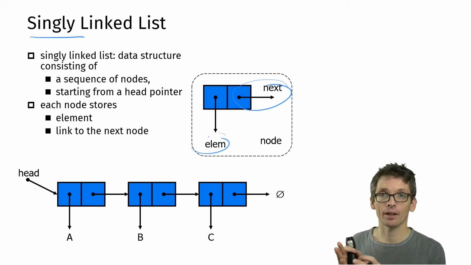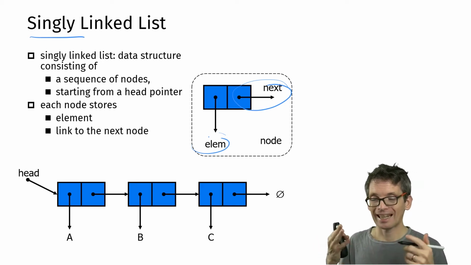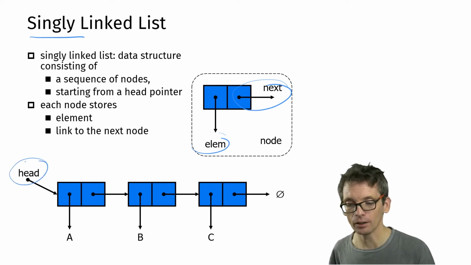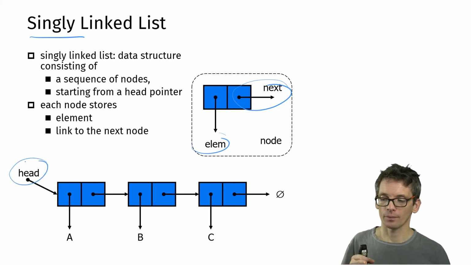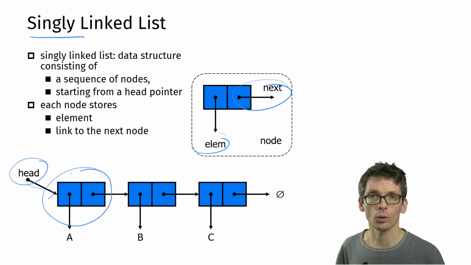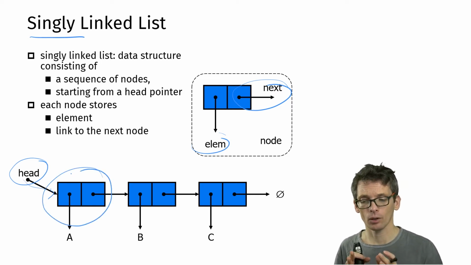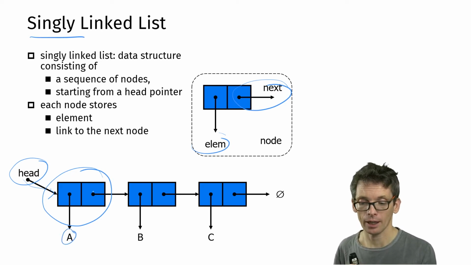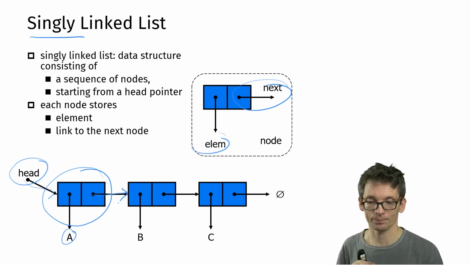So you can think of this as a sequence of nodes. It has a start, and the start is the head or header. So the head gives me this node here, and then every node stores an element. Maybe this one stores A and has a reference to the next node.